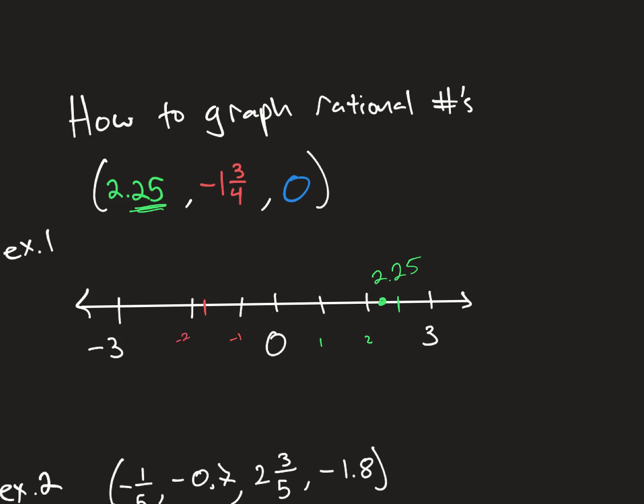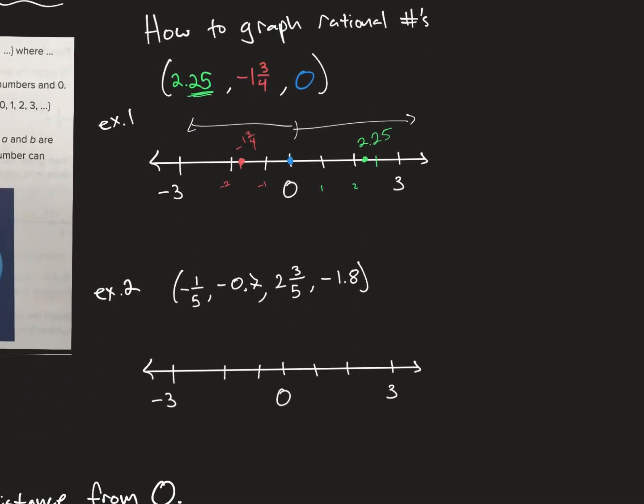And then obviously 0 would be right on 0. With these, all we're doing is looking at whether it's positive, where we look from 0 and up. If it's negative, we look to the left, and we are plotting them on a number line.